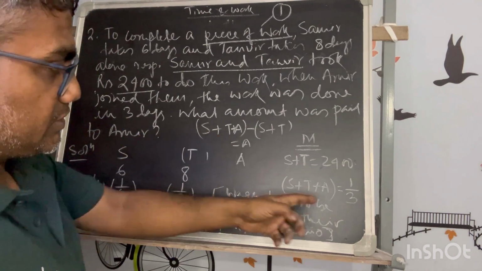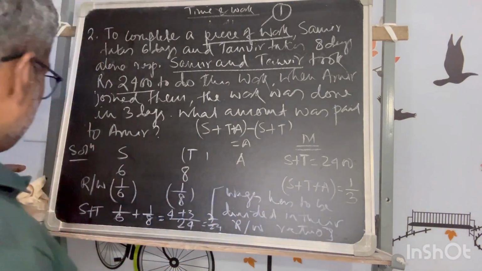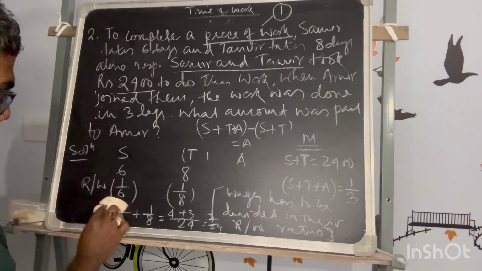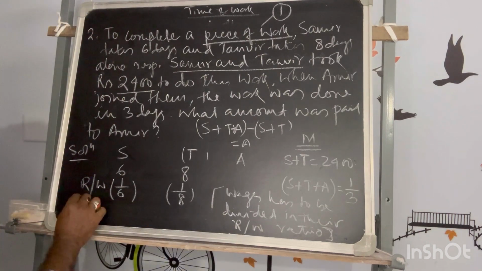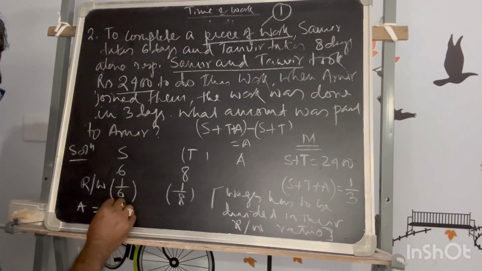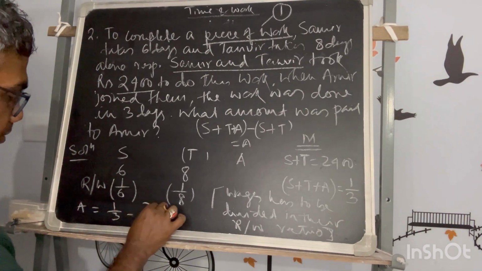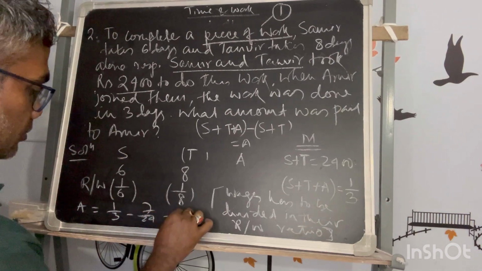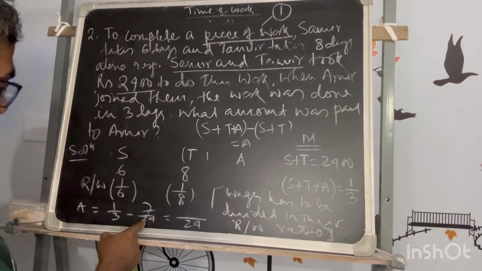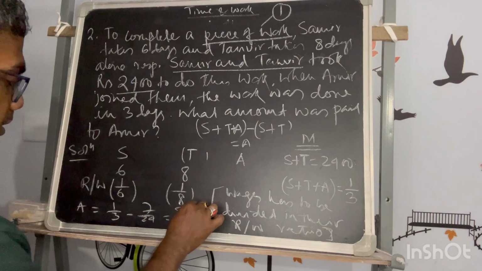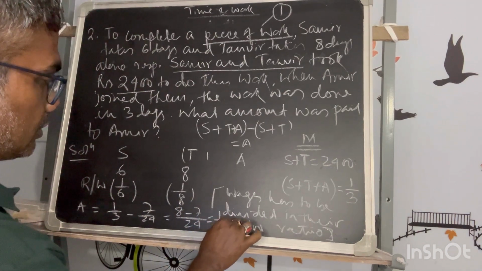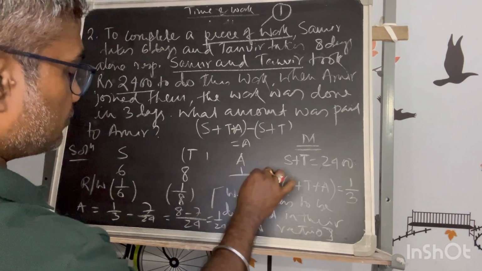The rate of efficiency of all three is already known, 1 by 3. So Amir's rate of efficiency is 1/3 minus 7/24, which is 8 minus 7 upon 24, that is 1 by 24. So Amir's rate of efficiency is 1 by 24.